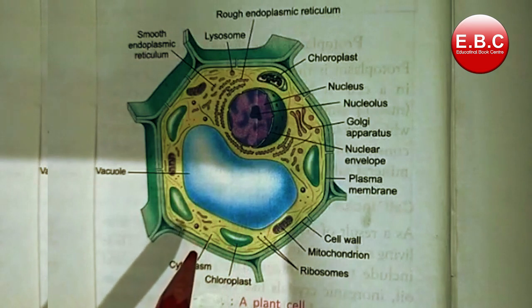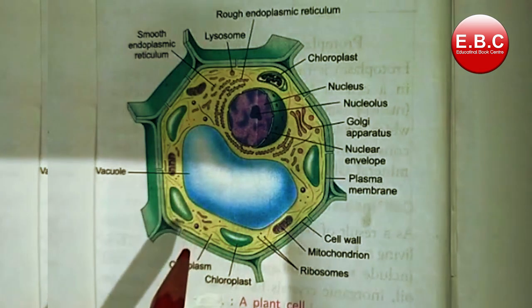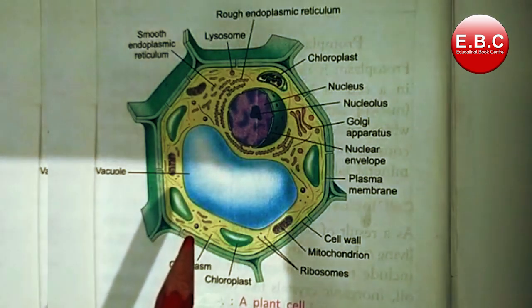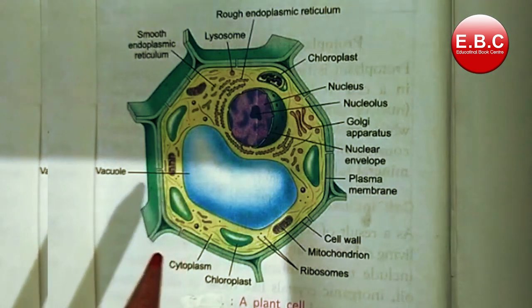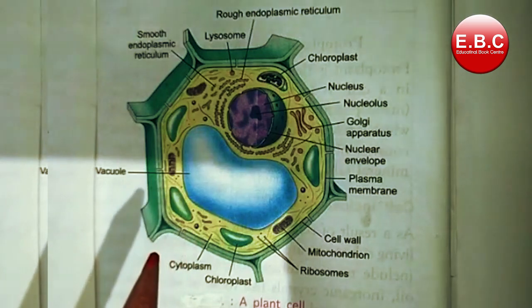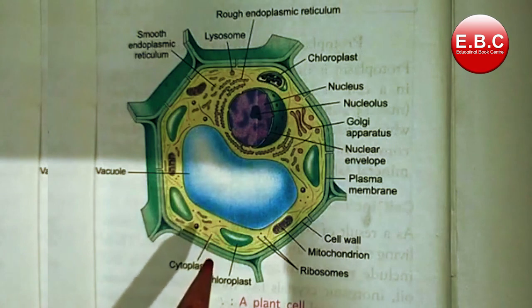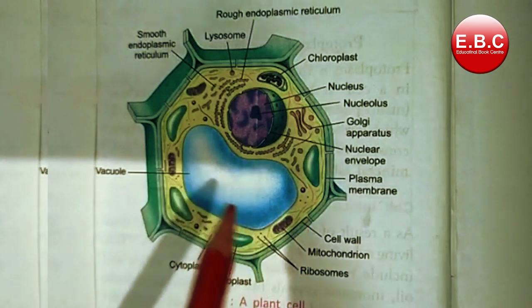Next is the cytoplasm. Cytoplasm is the site for various metabolic activities such as biosynthesis of protein and fatty acids. It helps in the exchange of material between cell organelles. And the most important, vacuole.